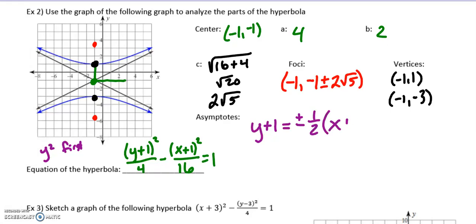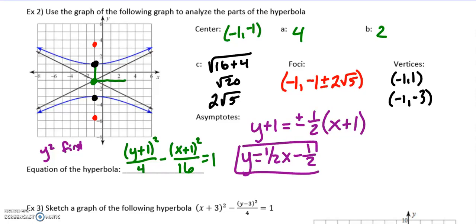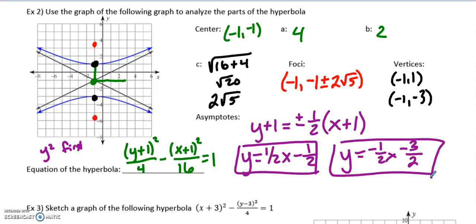So if I do a little bit of math, I end up getting y equals, and again, you can write these out yourself if you want, 1/2 x, then I get a positive 1/2 and subtract 1, so that's minus 1/2. That's one of the asymptotes. And y equals, distribute the negative 1/2, get -1/2 x minus 3/2. And again, you can work those out and figure out what those are.